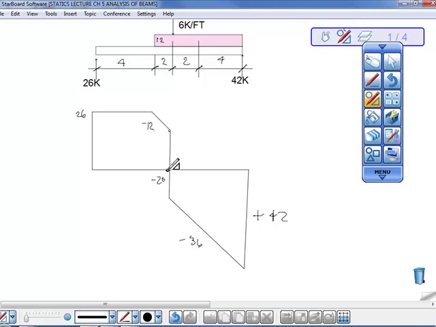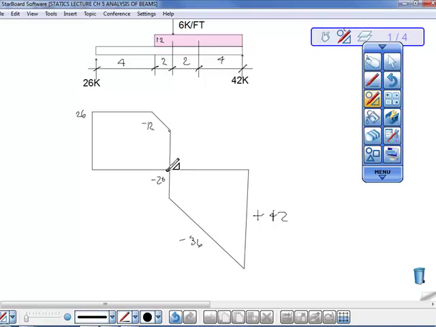So does that make sense, shear diagramming? Okay, so shear equals the reaction minus the loads. That's what you've got to remember. The moment of a force is the tendency of a force to cause rotation about a certain point or axis. We discussed that earlier. The bending moment at any section of the beam is equal to the algebraic sum of all the moments of the forces on that side of the section, similar to shear.